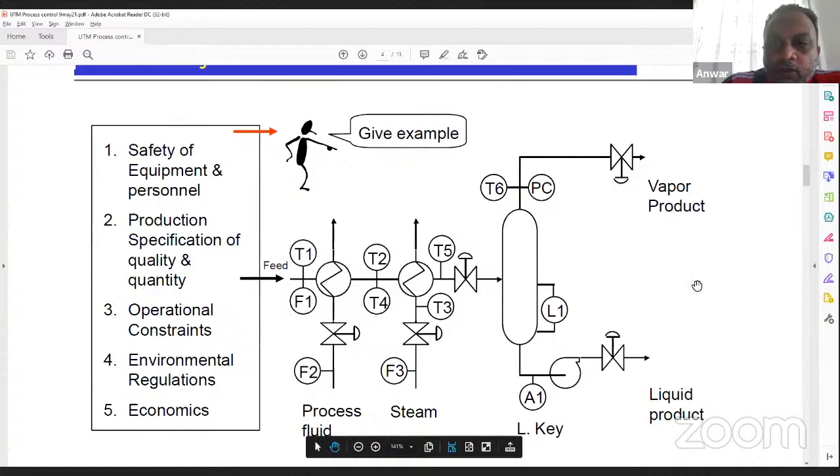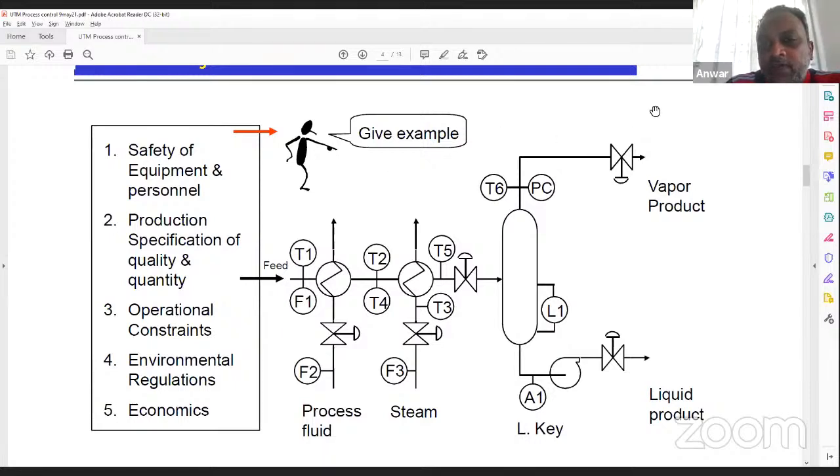Just imagine we have such a system in our operation, and people, how difficult it will be to achieve, at the end of the day, good product at the output of this column.